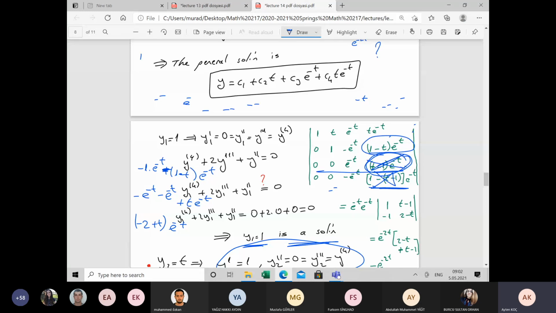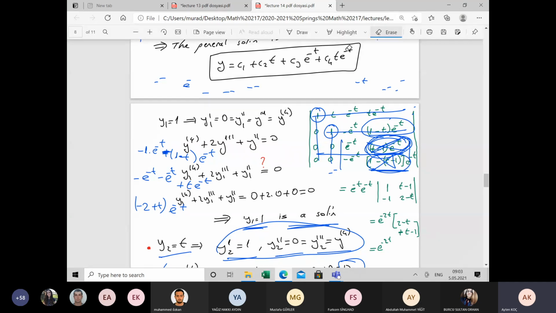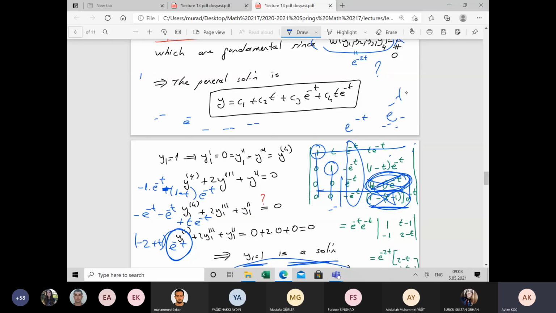This one is non-zero, so how do we compute this determinant? Expansion: we obtain a 3 by 3 determinant and use the first column expansion, and we also obtain a 2 by 2 determinant. But we know that always our entry contains e to the minus t, and here also this one is e to the minus t and this one gives e to the minus t.